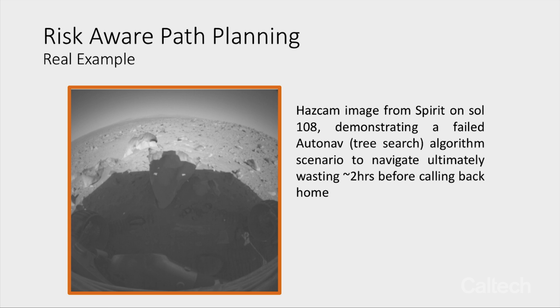It kind of failed and had to call back home for help. And so that's how hard these problems are, and any advancement in some of these algorithms will have a huge impact on the science returns that we can get from these missions.